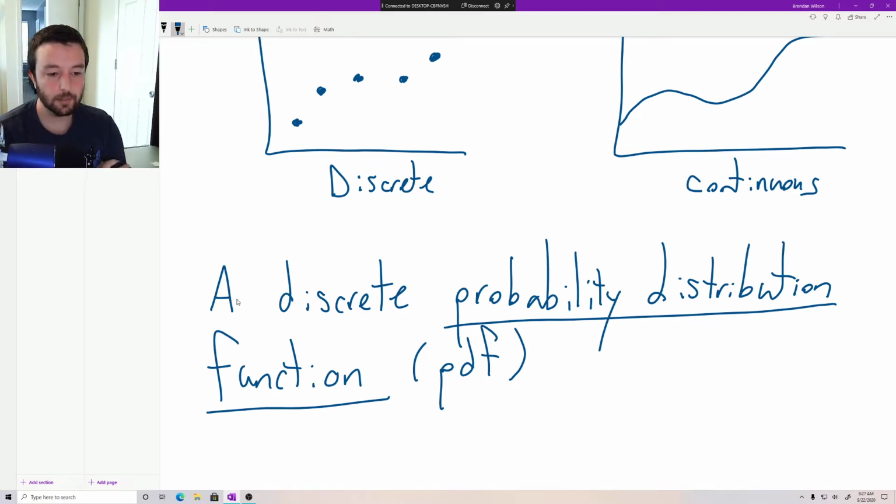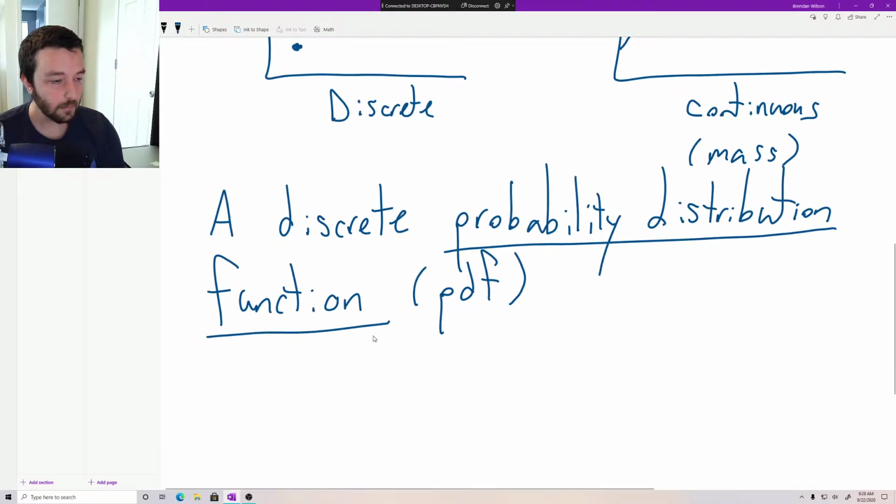The book calls it a discrete probability distribution function. A lot of books call discrete PDFs probability mass functions, so it would be mass instead of distribution, and then it would be PMF. A lot of books will call the discrete ones probability mass functions and continuous ones probability distribution functions. So here we're just using PDF for all of them, and then we're specifying whether it's discrete or continuous.